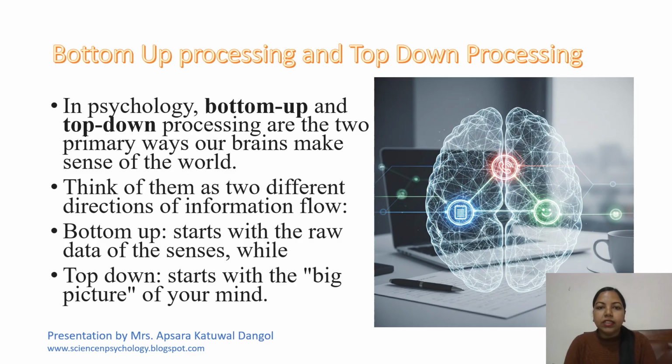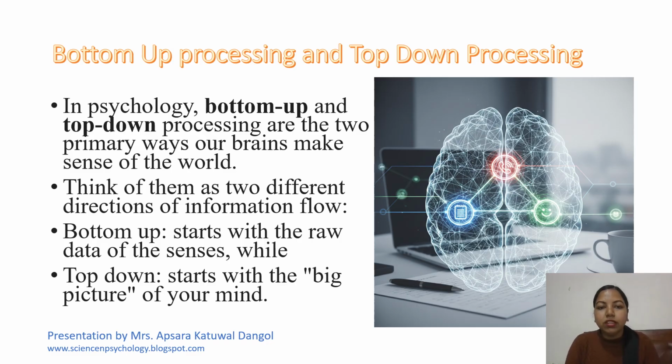When we are defining bottom-up processing and top-down processing, it usually occurs as a primary way our brains make sense of the world. If we are making a perception about something, we need to have sensation, and then we organize that information, which occurs as the perception about something.